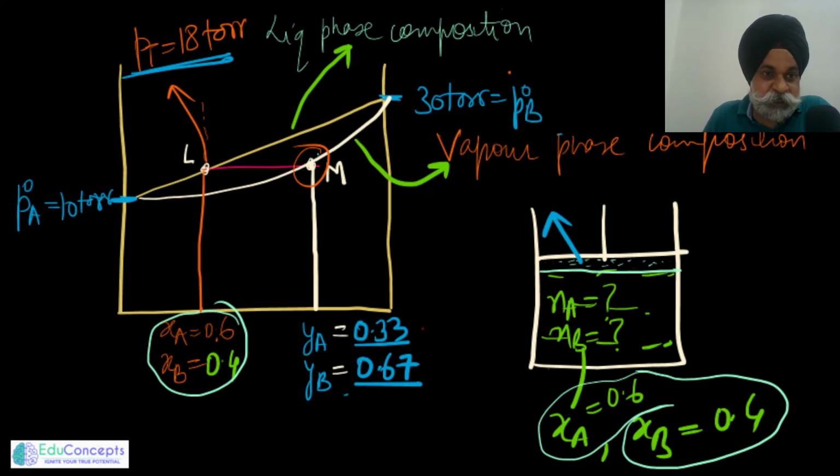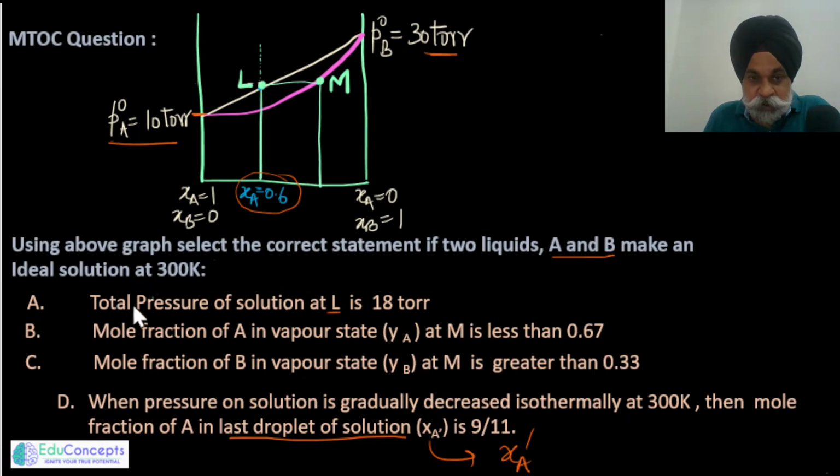Now first let us see the options available. The total pressure at the point L is 18 torr. This is perfectly right. Mole fraction of A in the vapor state at point M is less than 0.6? No, these are confusing questions. The statement is written in a little tricky way. Mole fraction of A in the vapor state at M is less than 0.67.